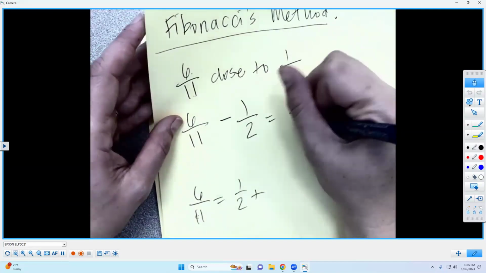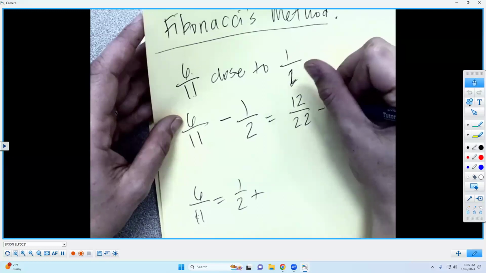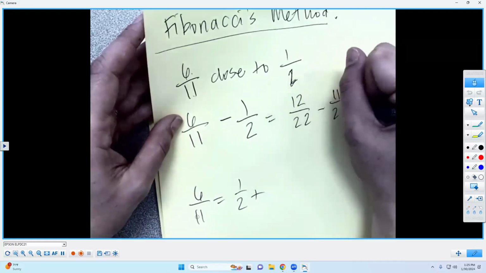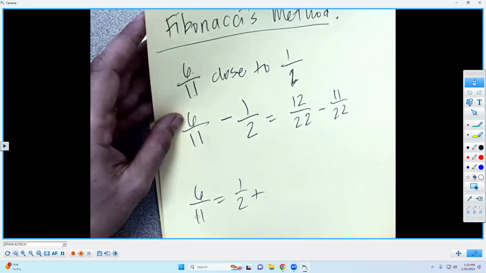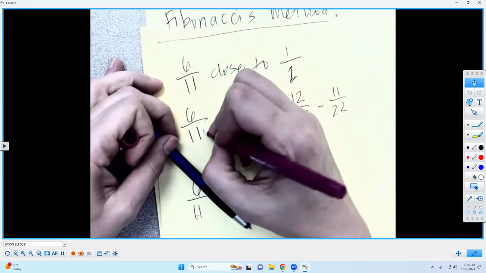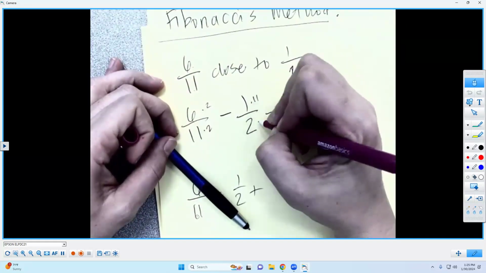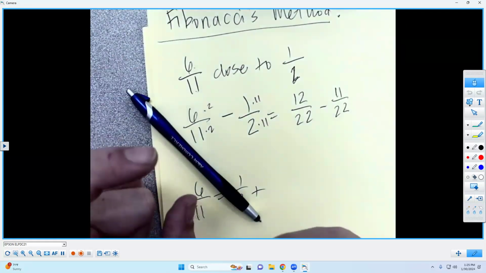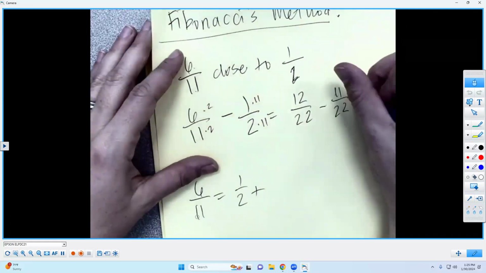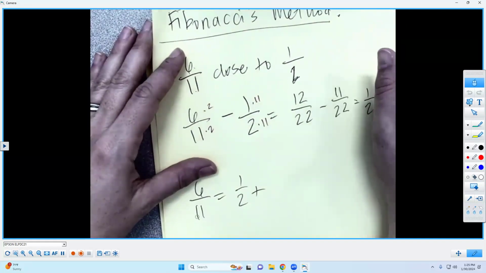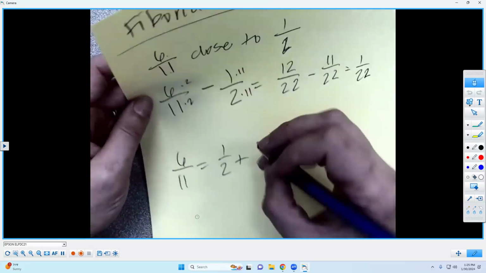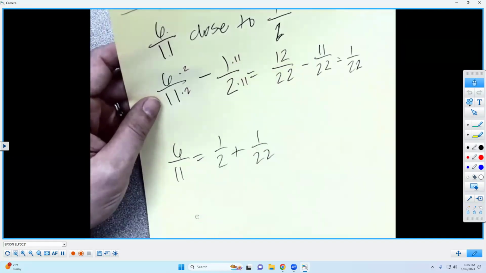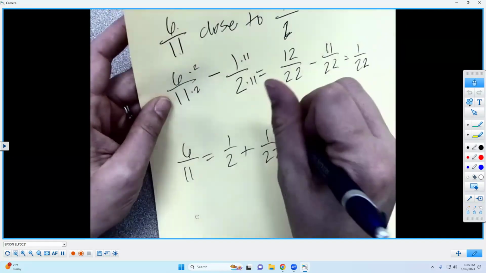But you get 12 over 22 minus 11 over 22. I just got a common denominator. Multiplied this one by 2 on bottom and on top, this one by 11 on bottom and on top. And 12 over 22 minus 11 over 22 is 1 over 22. So the piece left over is 1 over 22. And that's your answer.